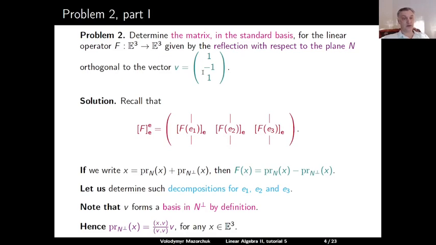And similarly to the previous problem, it follows that for any vector x in E3, the projection of x onto the orthogonal complement to n is given by the formula the vector v times the scalar given by the fraction with the numerator, the scalar product between x and v, and the denominator, the scalar product between v and v. So we use this formula to compute the projections onto the orthogonal complement to n of the vectors E1, E2, and E3, and then to compute all other ingredients which are necessary to solve the problem.